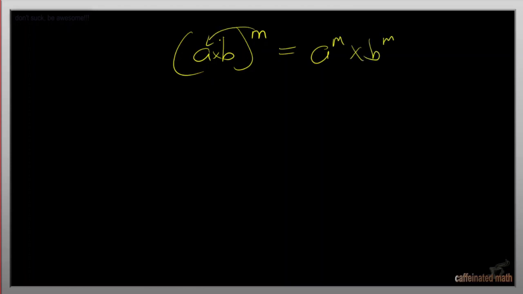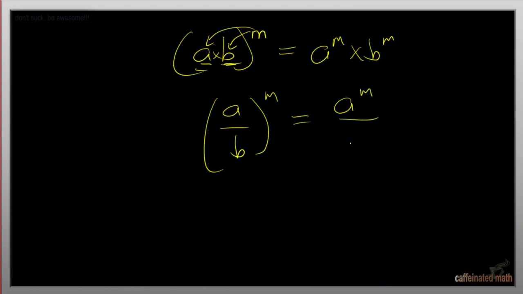So that's taking care that I distribute the exponent and multiply it with the exponent in each of these factors that I have here, so a and b. And the exact same thing works when I have a quotient or a fraction. Again, just make sure that I apply the exponent to both the numerator and the denominator.